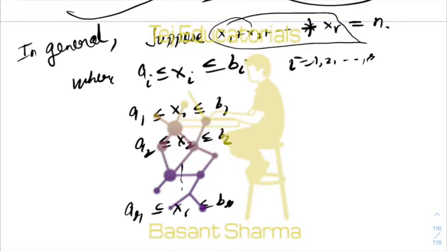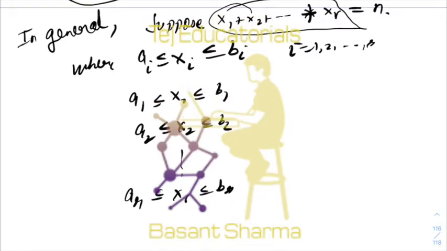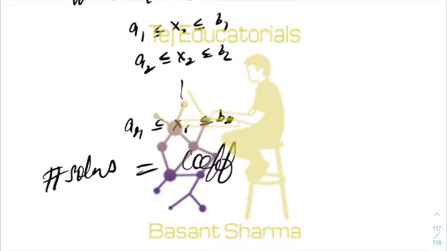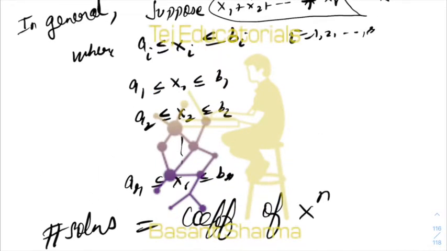Then the number of solutions of this equation is equal to, this is completely logical, there is no magic going on here, the coefficient of x to the power n in the expansion of this. This is the generalization of the above argument.